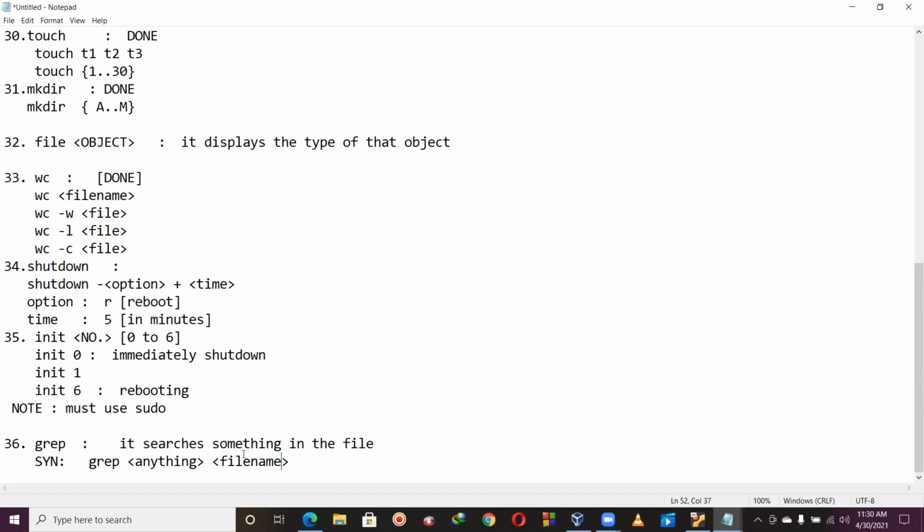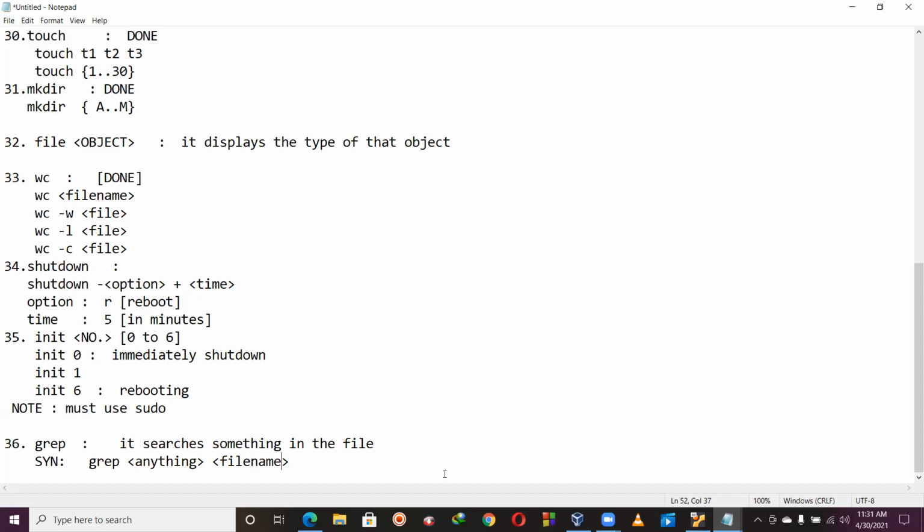Got it? So this is the syntax. Anything means you want to search a word, a character, anything. Just mention this one, and in which file you want to search, give that file name. So it displays all such lines which contain your information.